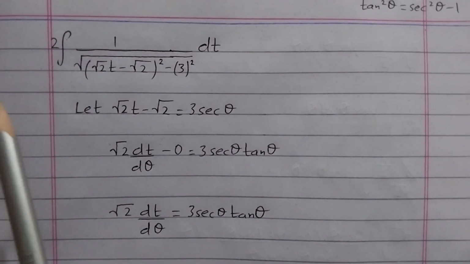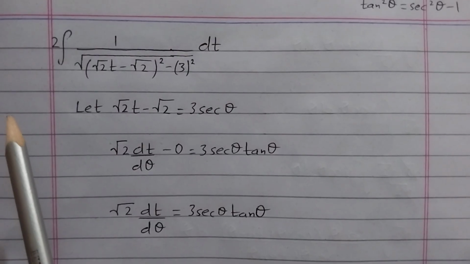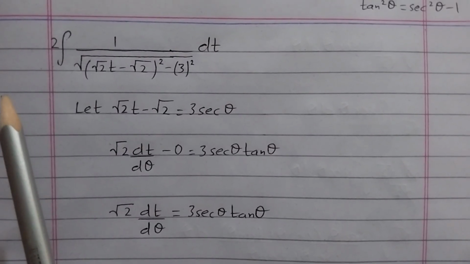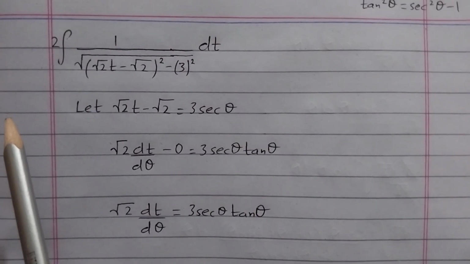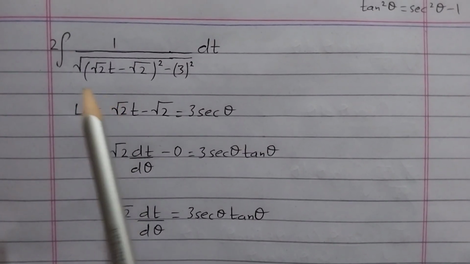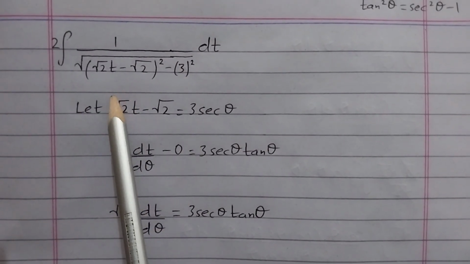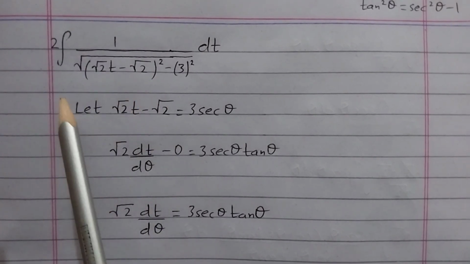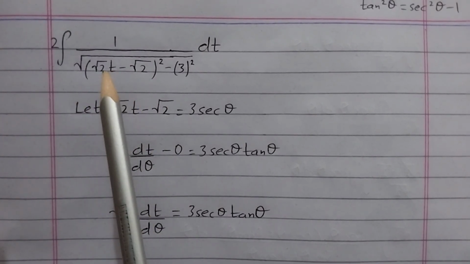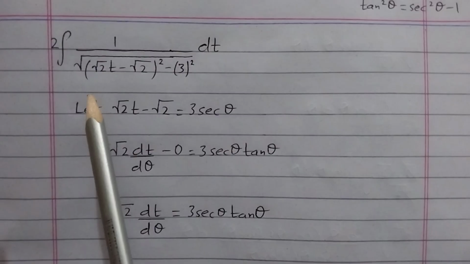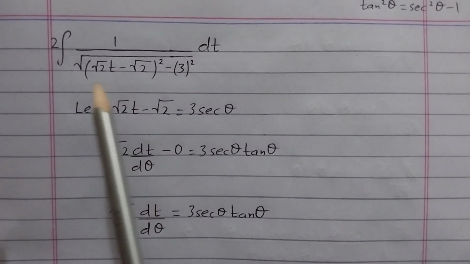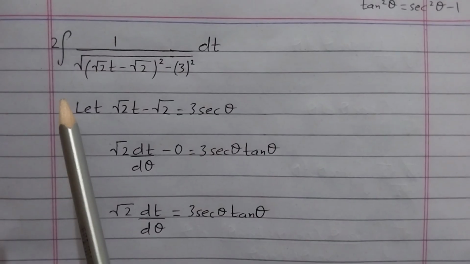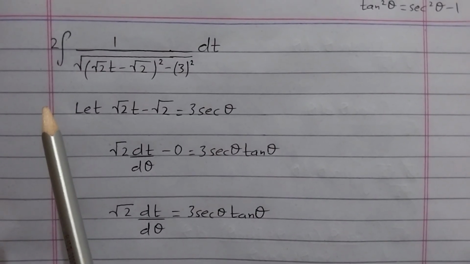So we want to use basically the identity secant square theta minus 1, but in the denominator. But firstly we need to use trigonometric substitution, and this x square minus a square form gives us the hint that we can use either secant or cosecant for our trigonometric substitution.